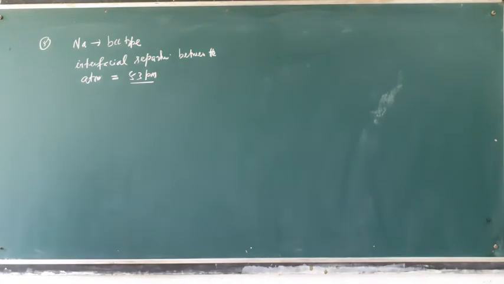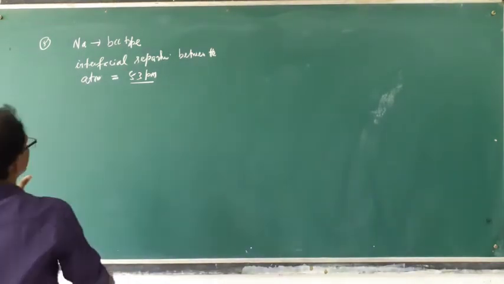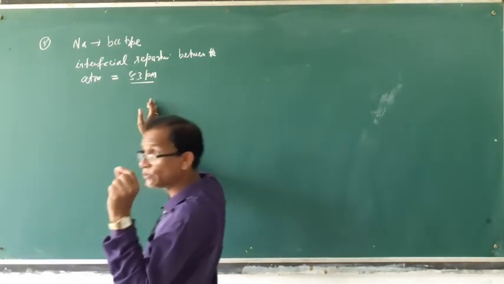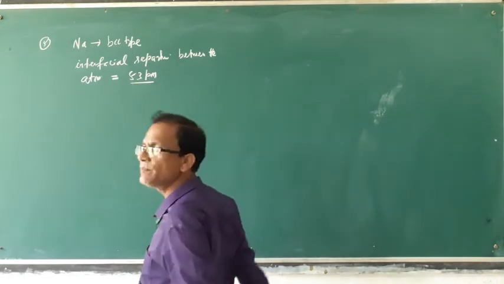Interfacial separation means there is a gap between the spheres. The gap between the spheres is 53 picometers, given.